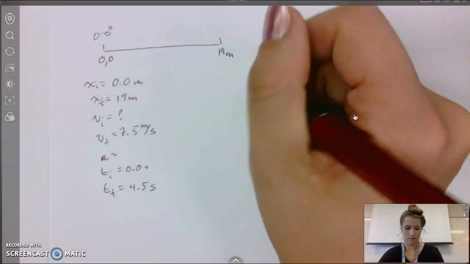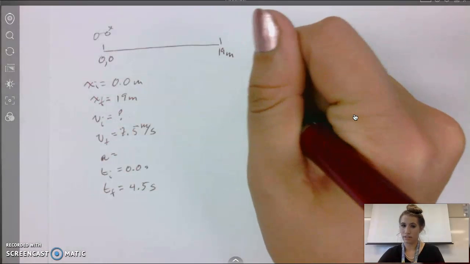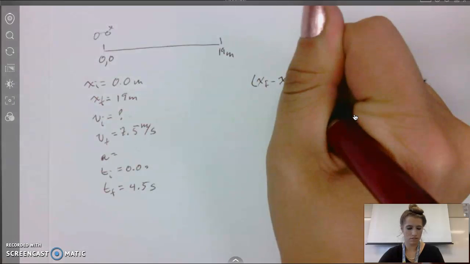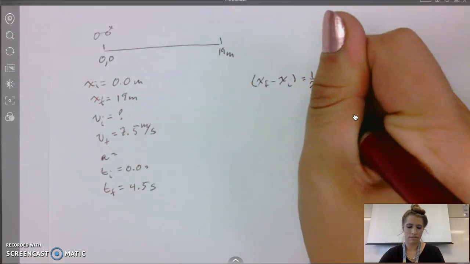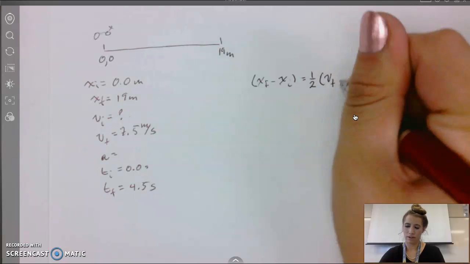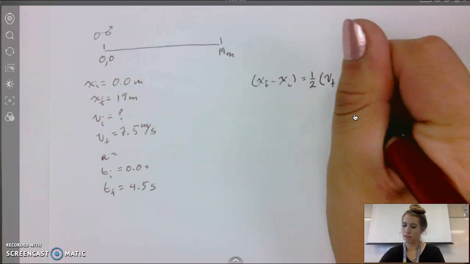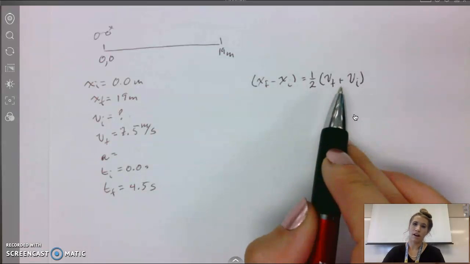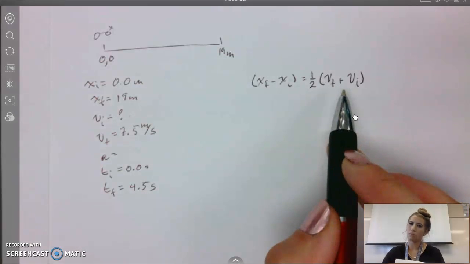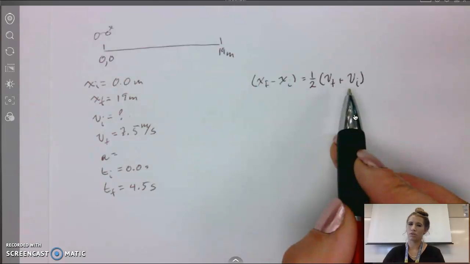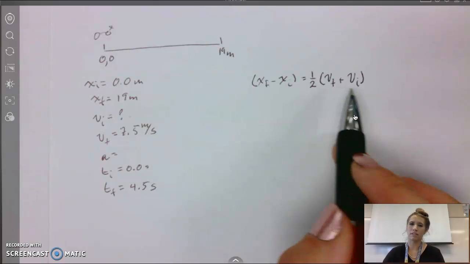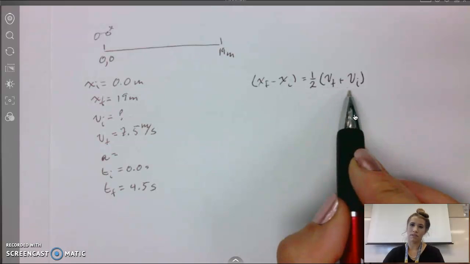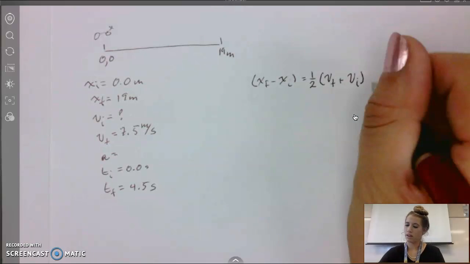So we have delta x, which I'm going to lay out as x final minus x initial, is equal to 1/2 velocity final plus velocity initial. That, I'll tell you right now, is where I mess up the most on this question, where my students mess up the most. We're so used to doing final minus initial, and in this equation it's set up as final plus initial, so be careful about that.